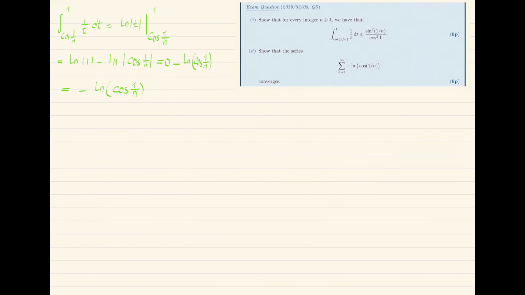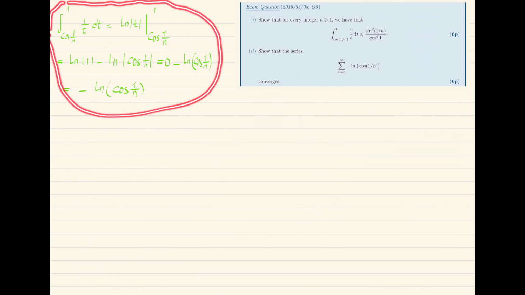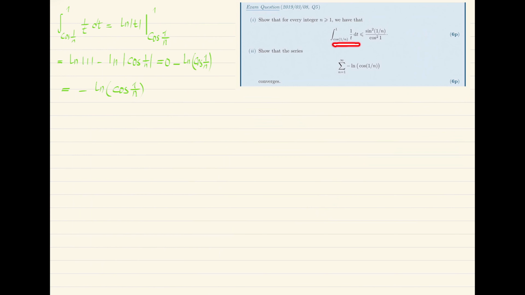Okay, so this is what we have. Yes, we were able to show that this is correct, and accidentally we also discovered that on the other hand this integral can be calculated exactly, and it is equal to this expression, which appears here.